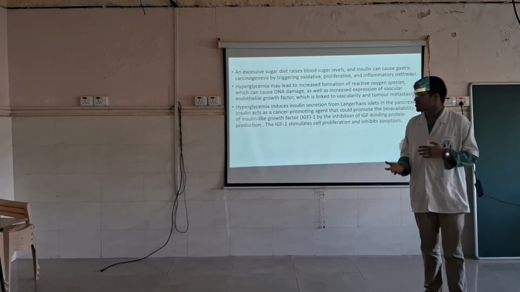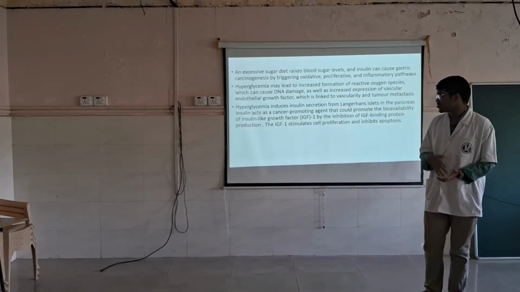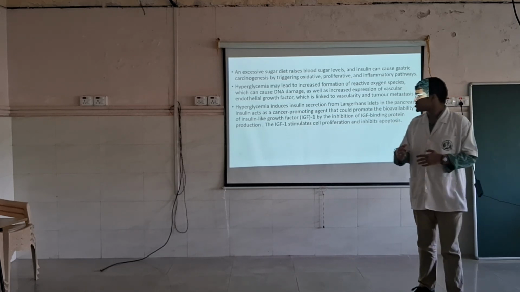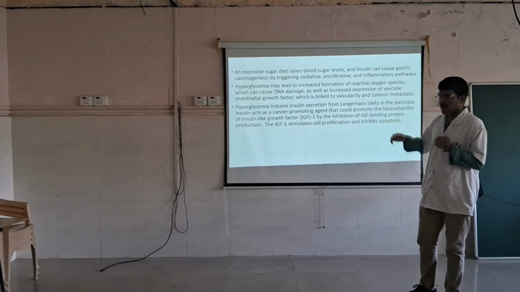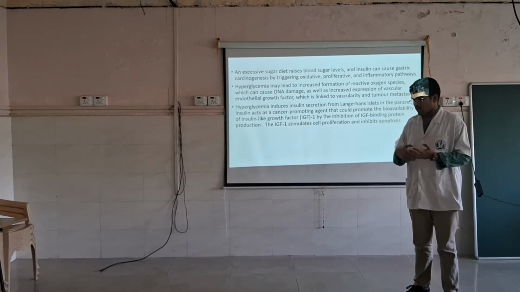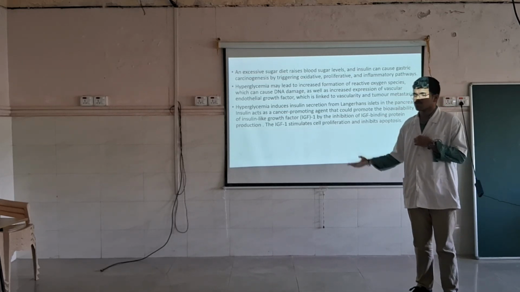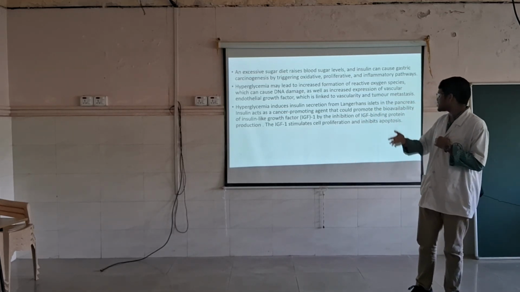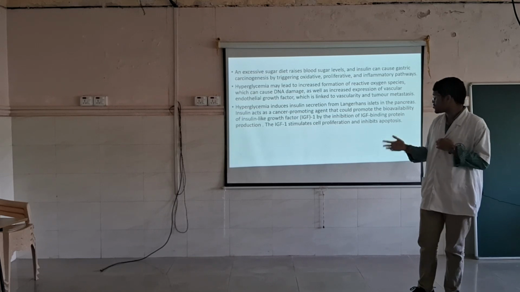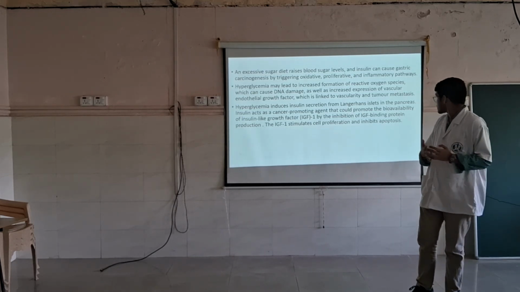So what was the biological basis of increased carbohydrate intake leading to stomach cancer? In short, the hyperglycemia induced by carbohydrate intake would lead to increased production of reactive oxygen species, which would then lead to DNA damage as well as increased expression of vascular endothelial growth factor, all of which favor tumor formation and metastasis.